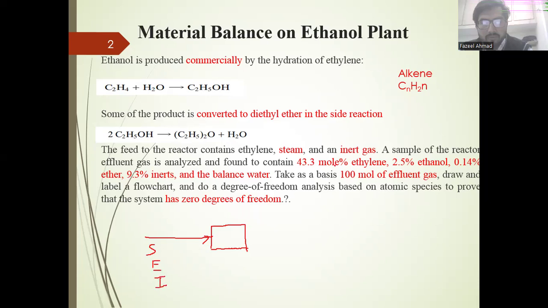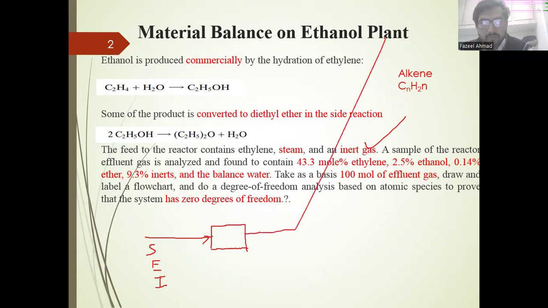Inert gas is a material which is not reacting in the process; it just comes in the feed and goes out in the products in the same amount in which it came in.